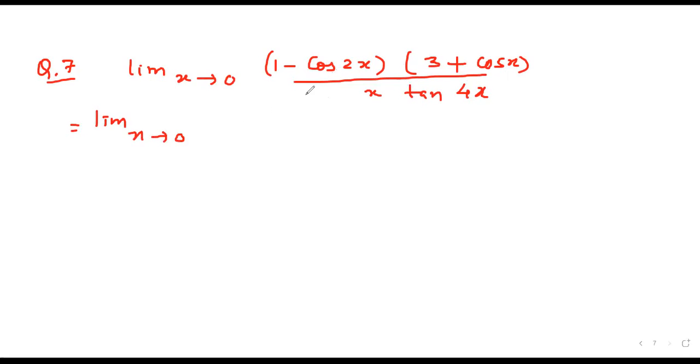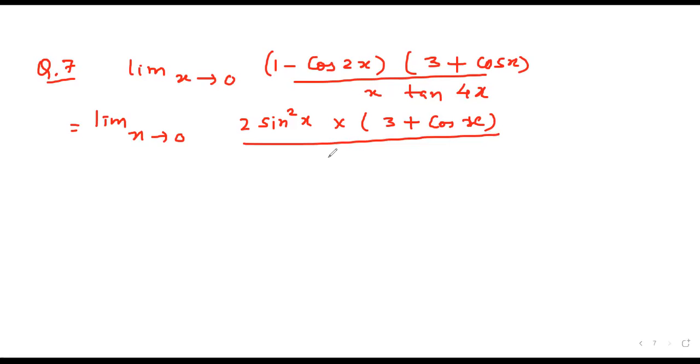This can be written as 2 sine square x times 3 plus cos x divided by x tan 4x. We know the formula limit x tends to 0, sine x upon x equal to 1, limit x tends to 0, tan x upon x equal to 1.